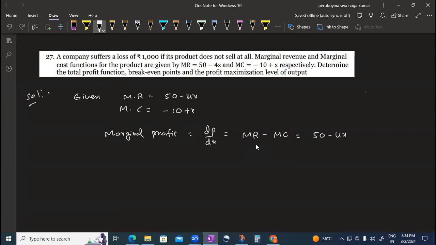So 50 minus 4x minus, minus 10 plus x, it will be 50 plus 10, 60, minus 4x minus x, minus 5x. So this is what dp by dx is.